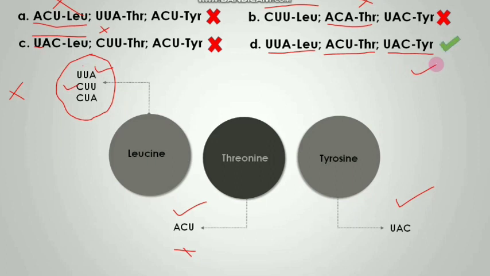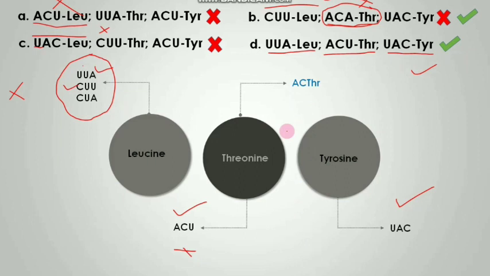But at the same time, we can see that option B is also correct. Why? Because if you know the triplet codons, ACA stands for threonine. In order to remember the triplet codons coding for threonine, there is an easy way. You can just remember Akhtar, and I hope you are familiar with the fast bowler Akhtar from Pakistan.